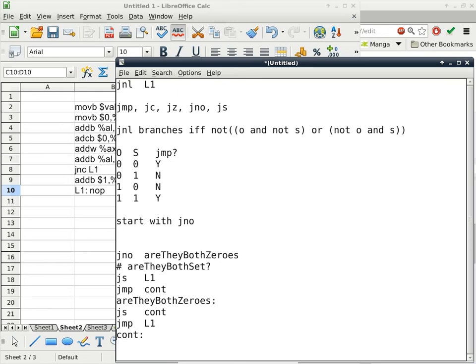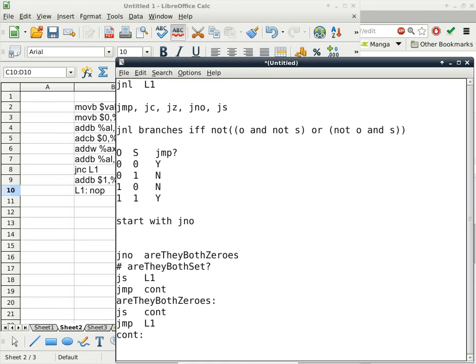Use a truth table, or otherwise convince yourself, when are we going to the continuation point, and then from there, you have to use the available instructions to combine them so that together they implement the JNL instruction. So it's really testing quite a few things. One, do you understand what JNL is?